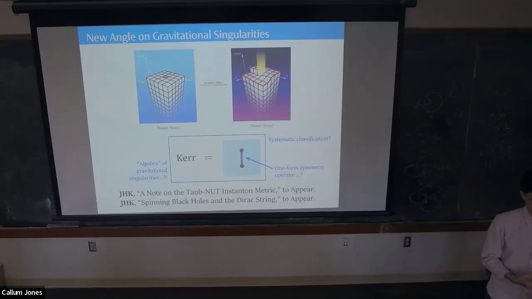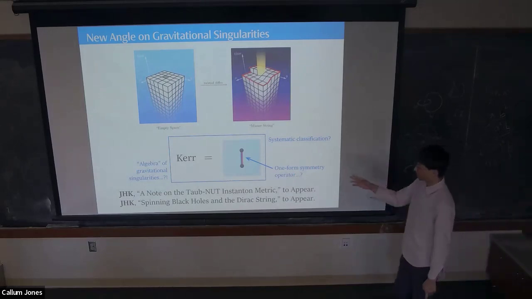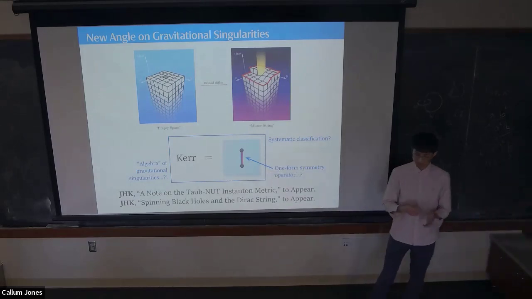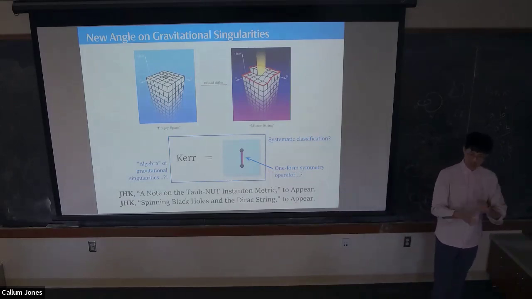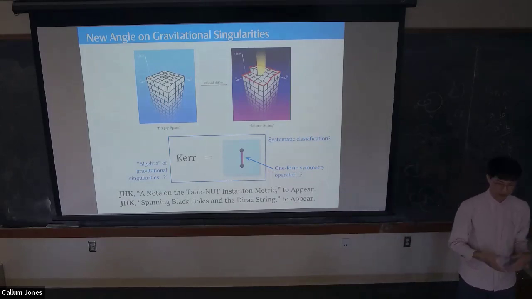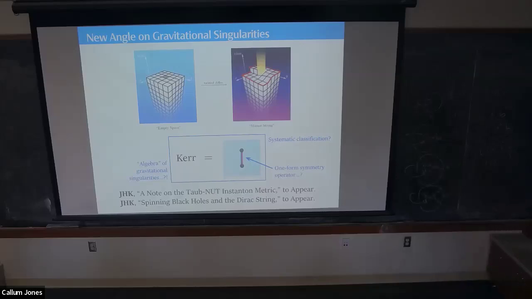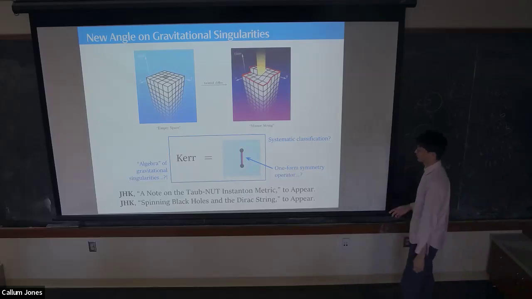Stipulating that this Dirac string follows an adiabatic approximation in curved geometries, I could also derive some four-point vertex for the Kerr. So basically here I'm proposing that there could be an algebra between gravitational singularities.